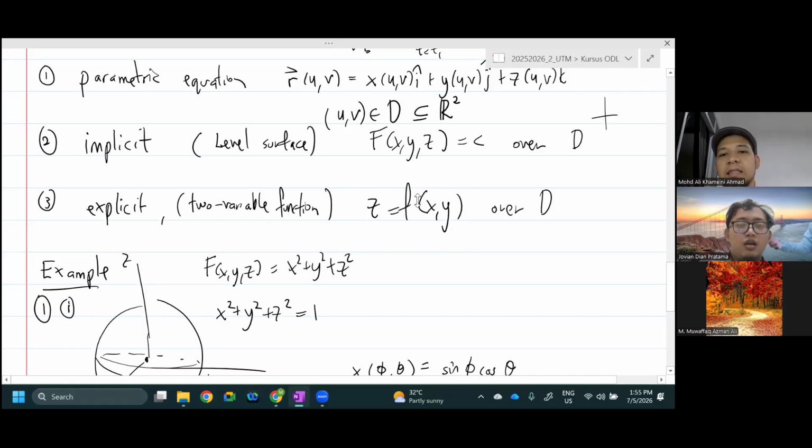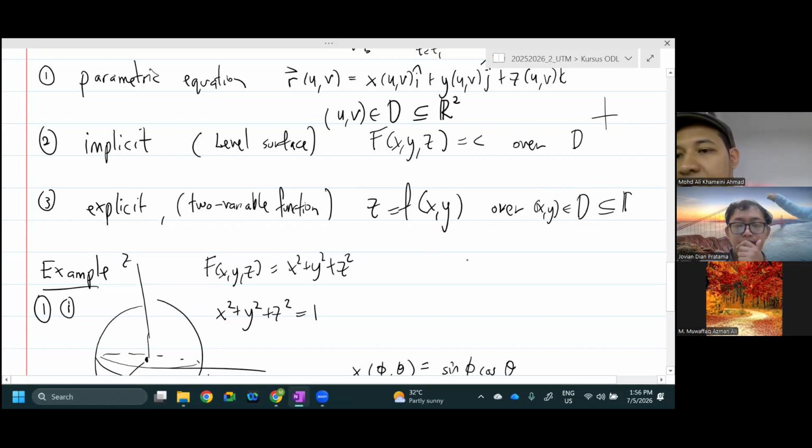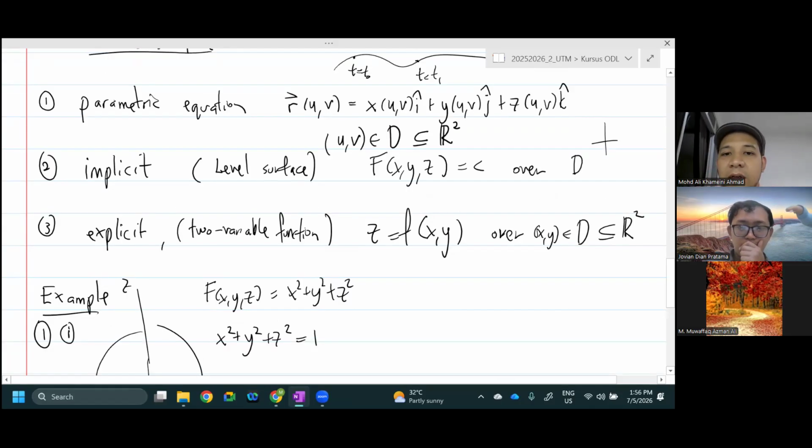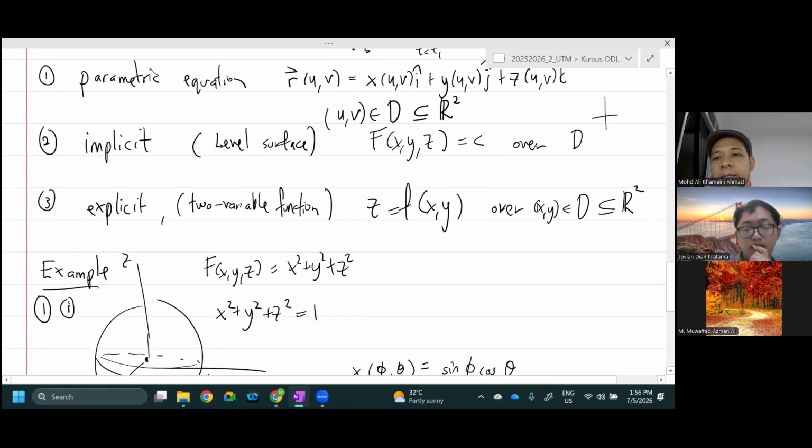And then if you try to sketch it, the graph is some surface, and you simply restrict it over some domain D. So x, y here is taken from a subset of the real numbers, similar to what we did for parametric.